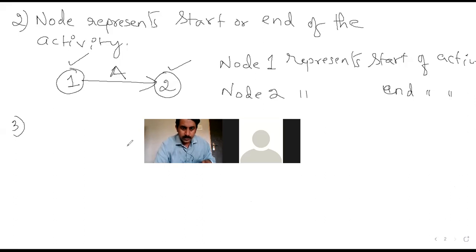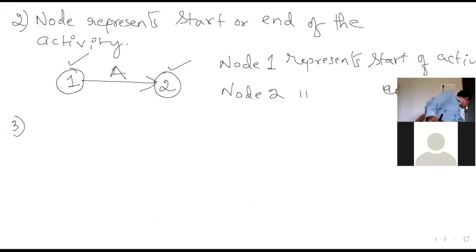All right, so this is done. The second rule is also done. Now each of the activities is represented using arrows, and the start and the end of the activities are represented using the nodes.